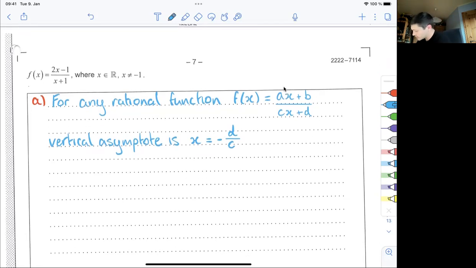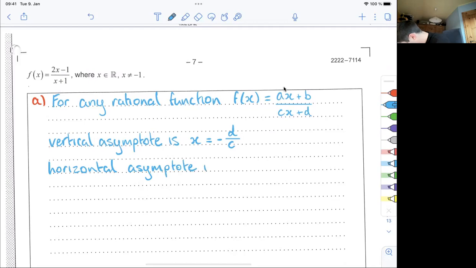And so equally, for the horizontal asymptote, it is y is equal to, not negative, just a over c. So effectively the coefficients of x divided by each other. So yeah, a over c.